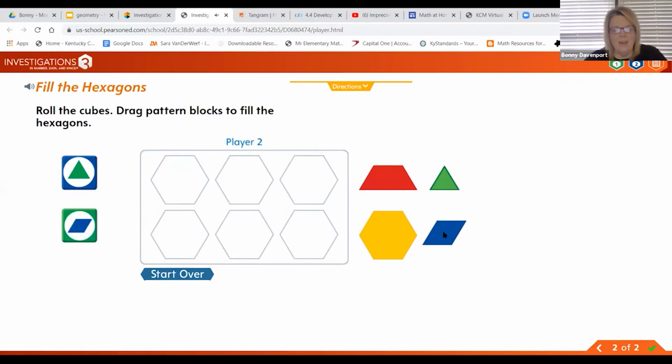And this time he got a rhombus, and I have to slide the rhombus in, and I'm going to slide the triangle in, and I'm going to think about what shape do I hope I get next, and what am I going to have to do to that shape? I'm going to have to turn it for it to be able to fit in that hexagon.